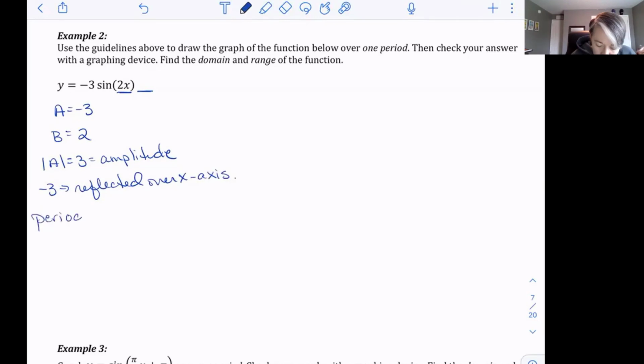And remember, the formula for our period is 2 pi divided by b, which in this case is 2 pi divided by 2. So we have a period of pi. We do not have any horizontal or vertical shifts, just an amplitude, a reflection, and a compression or change in our period.